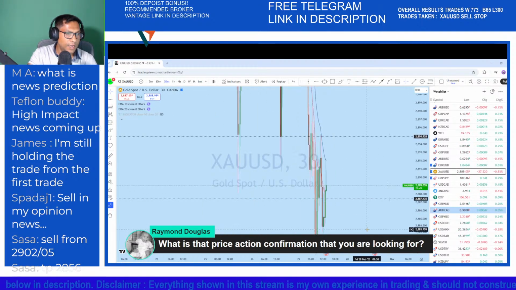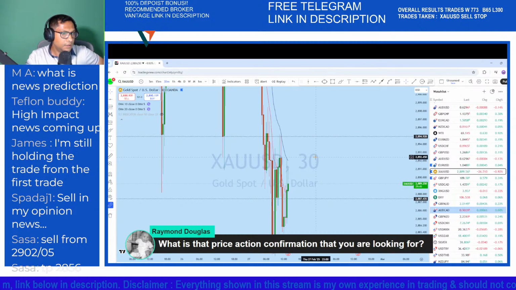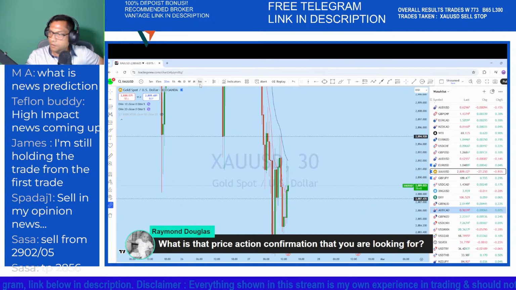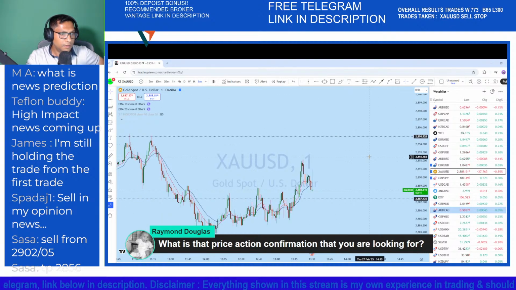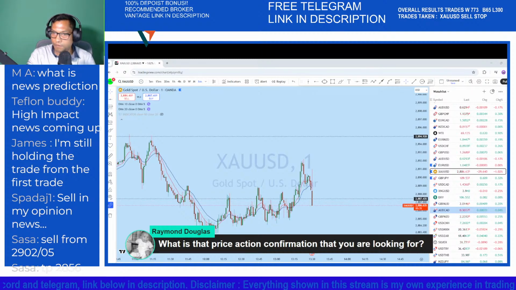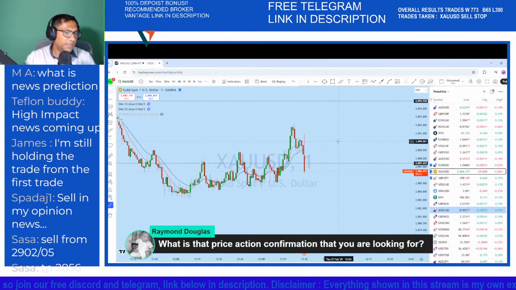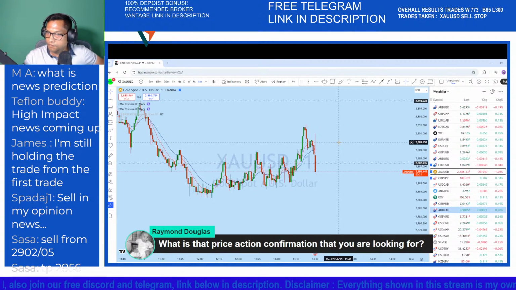There's a gap open, and okay, so there's a massive rejection in that area.